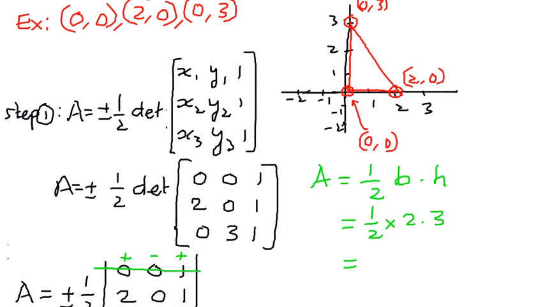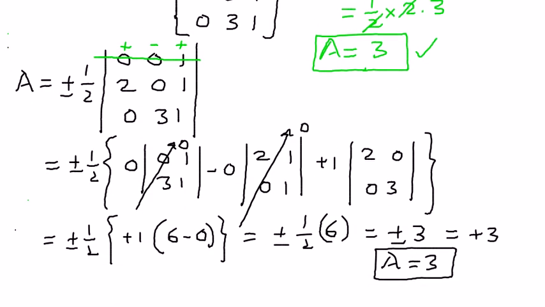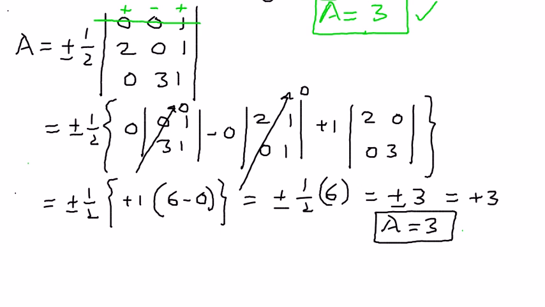And if we were to simplify this, we have a 2 in the denominator, 2 in the numerator, those cancel out, leaving us with 3. So the area by the conventional method which we know from geometry, 1/2 times the base times the height, is 3, and the area we arrived at using the determinants method is also 3, and therefore we are on the right path.